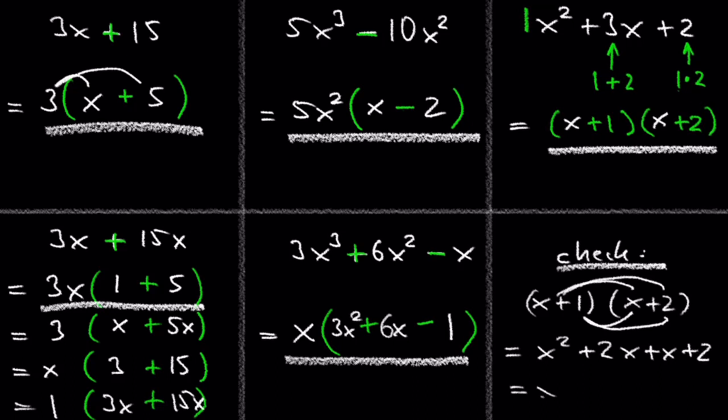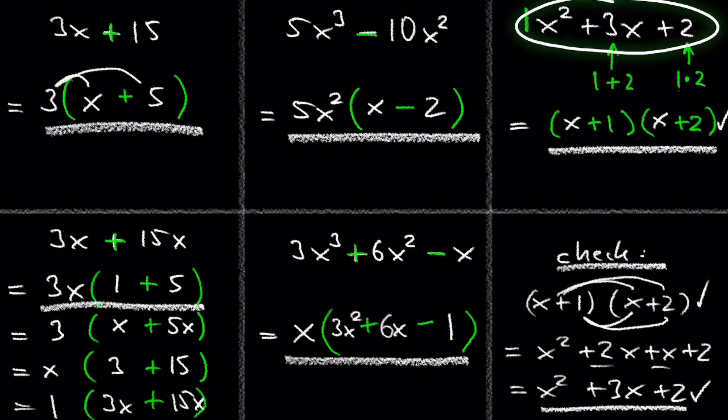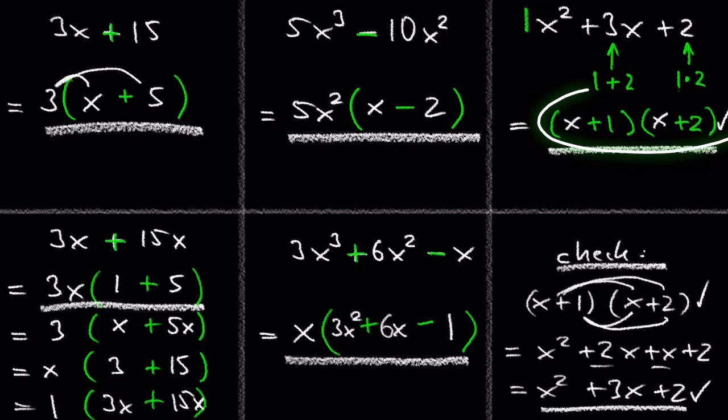So we get x squared plus 3x plus 2. So we factored x squared plus 3x plus 2 to x plus 1 times x plus 2 with this simple method. How cool is that?